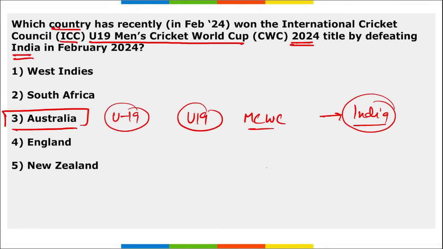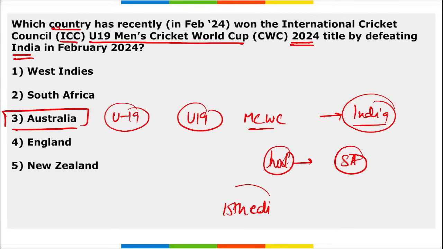Correct? Where was the event hosted? In South Africa. Correct? This was the 15th edition of the Under 19 Men's Cricket World Cup, hosted by South Africa.